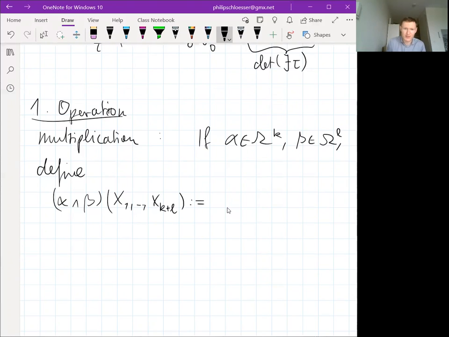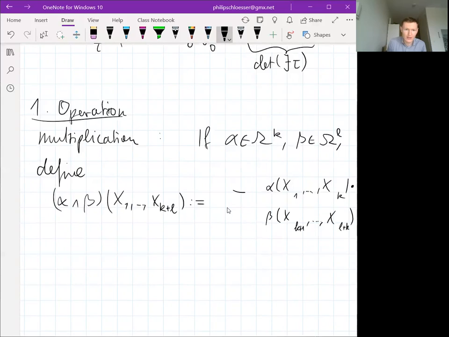This turns out to be the general idea, but we have to do some more work. alpha of X1 to Xk times beta of X(k+1) to X(k+L). Reason being, well, this is not alternating anymore. So what can we do?